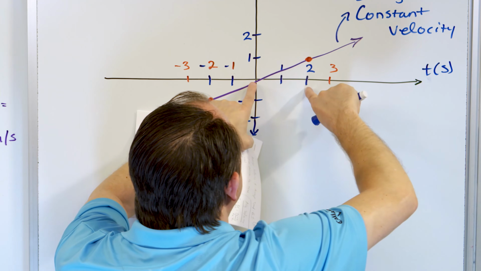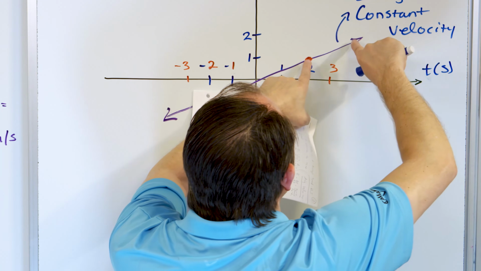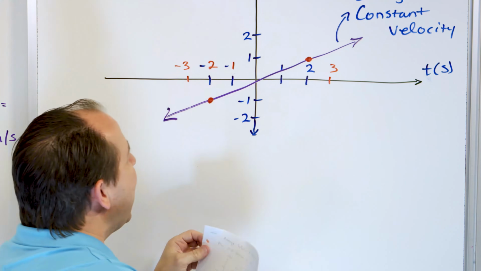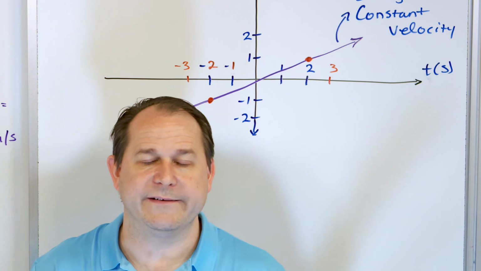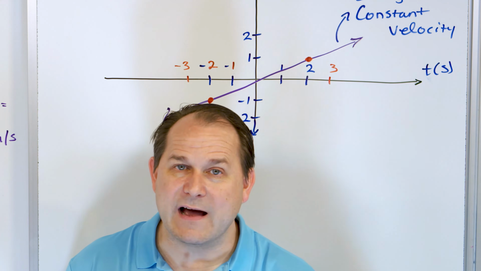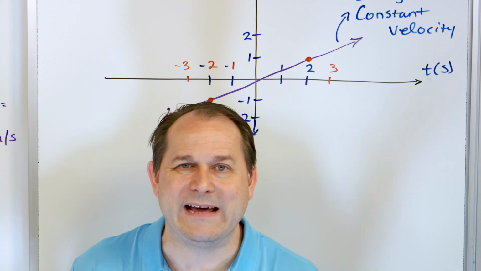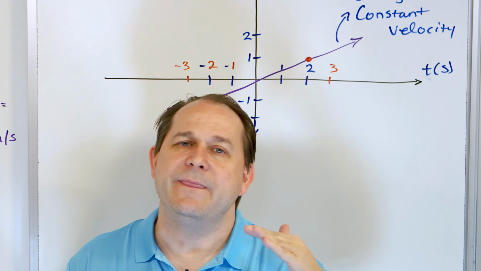And in this span of 2 seconds, it also moved a meter. And in this span of 2 seconds, it would move another meter up here. So every 2 seconds, it moves the same exact distance, always, for all time. And that means, since velocity is distance over time, no matter what 2 points you pick, it's going to be the same meters per second. And that's what you always see.